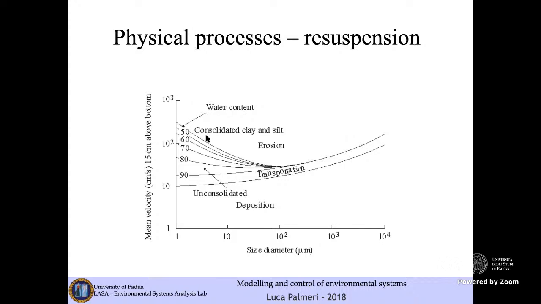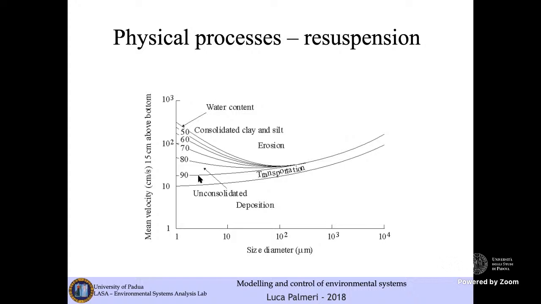For different water contents, 50%, 60, 70, 80, 90%, we have that at increasing size or increasing granulometry of the sediment, we have a tendency to increase the movement of material horizontally on the bottom.